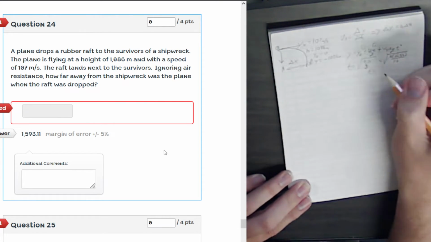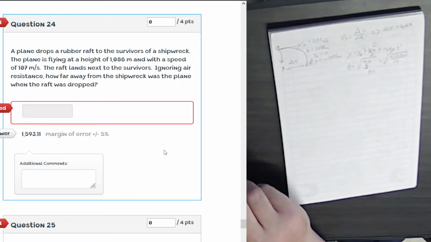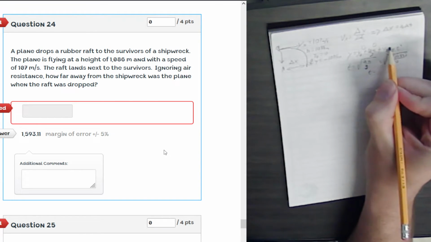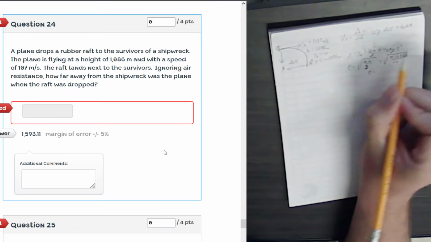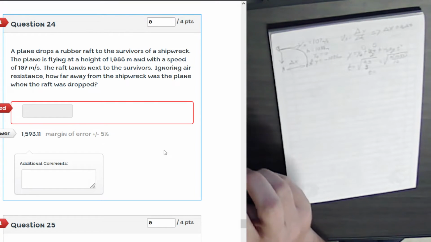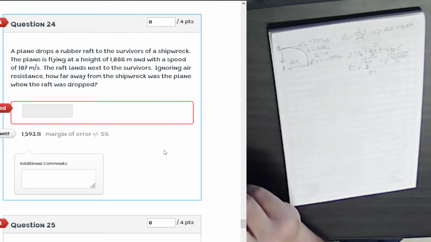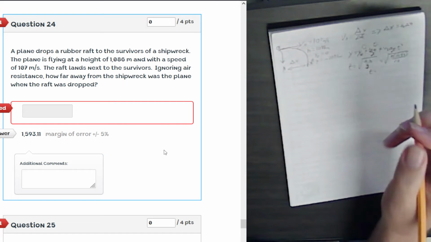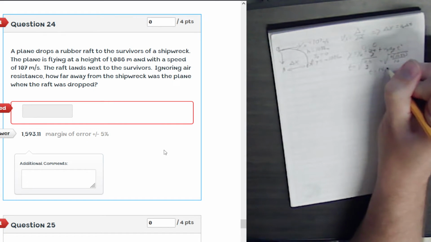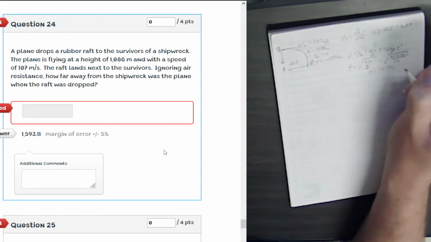And if you don't believe me, put negative 10 in here, negative 1086, solve for t, and you'll get the same thing. So we get 14.73 seconds.